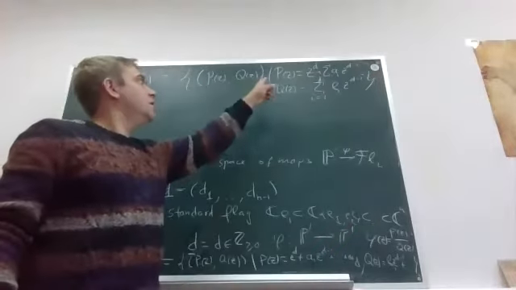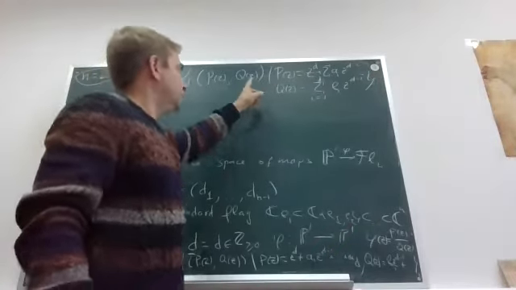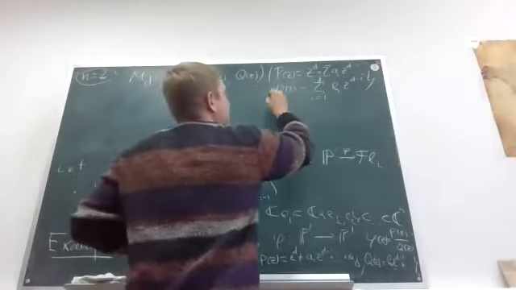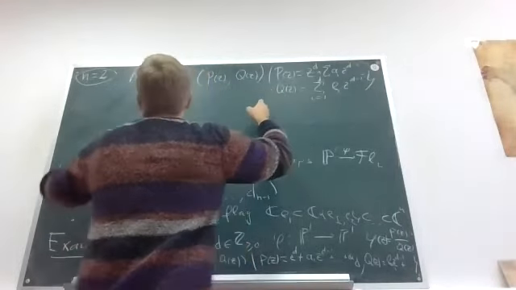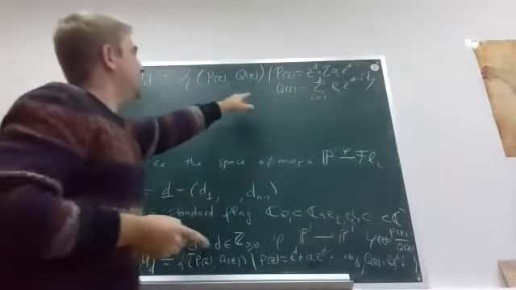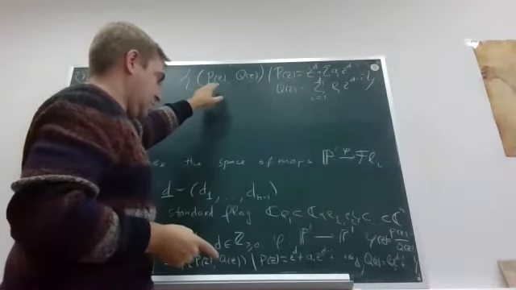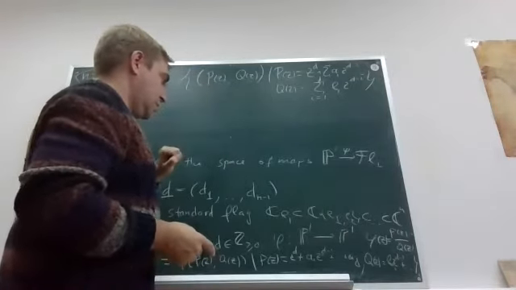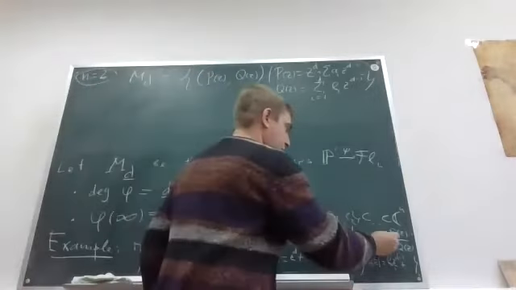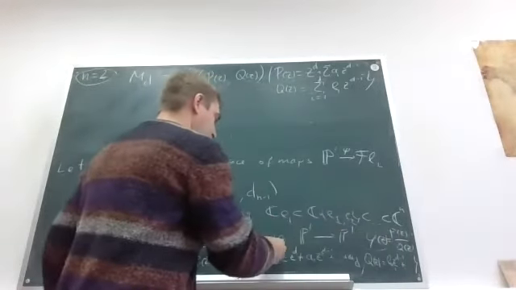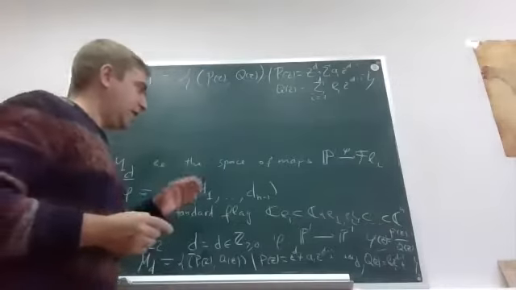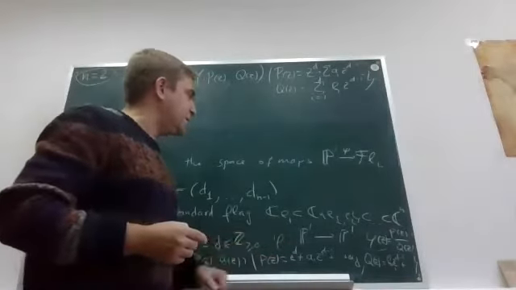And this is also not precisely the space, because the map phi should have degree exactly d, not less than d.